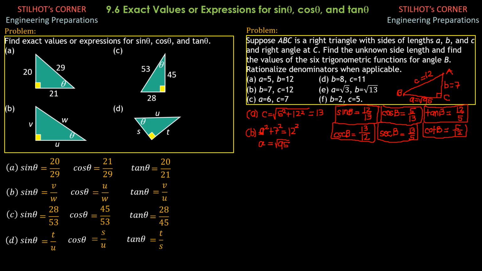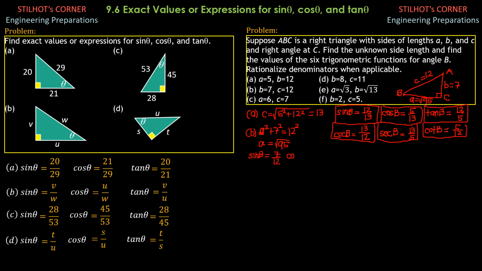So sine of B is opposite 7 over 12, opposite over hypotenuse. So 7 over 12.